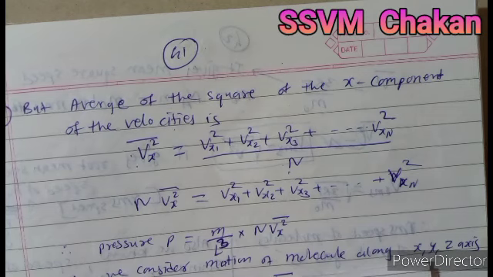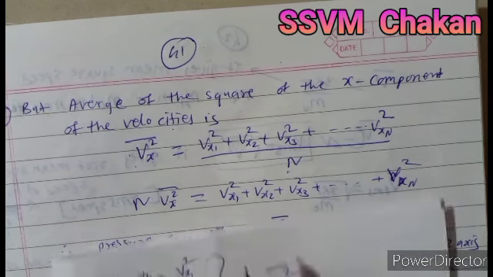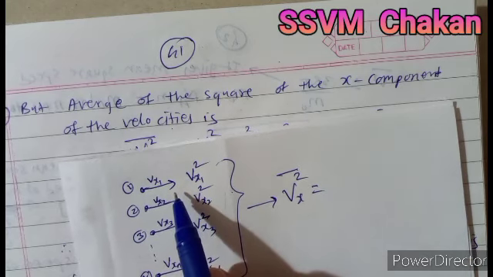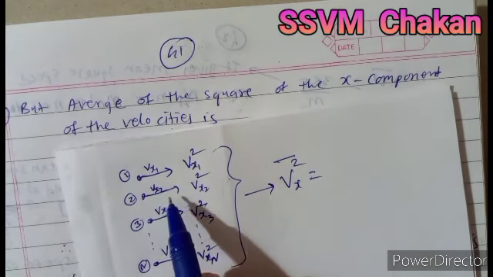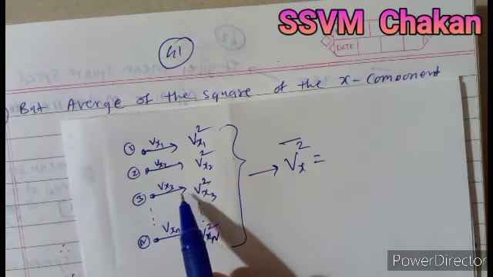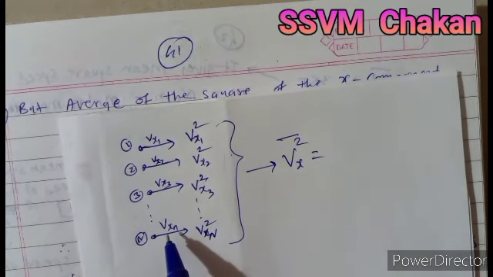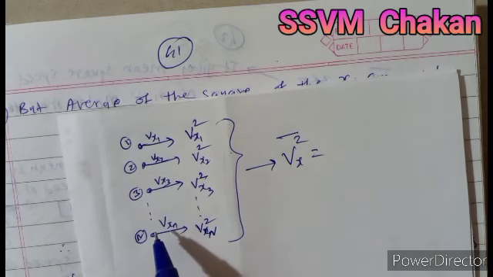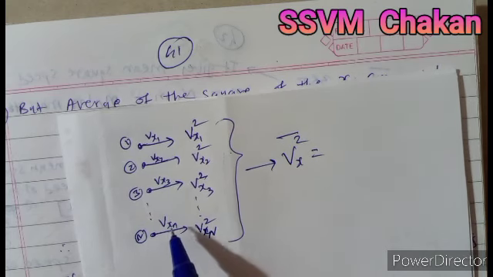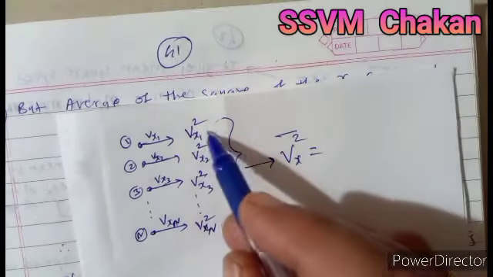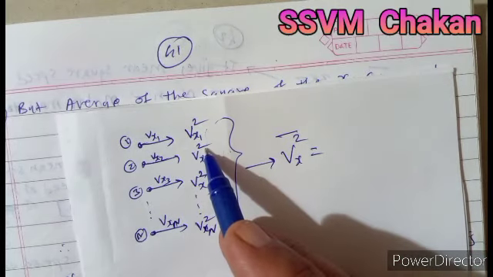So the molecules are traveling along the x-axis. The first molecule travels with velocity Vx1, the second molecule with velocity Vx2, the third molecule with velocity Vx3, and the nth molecule. We don't know the number of gas molecules, so we consider the last molecule as the nth molecule, which travels with velocity Vxn. And these are the squares of these velocities.